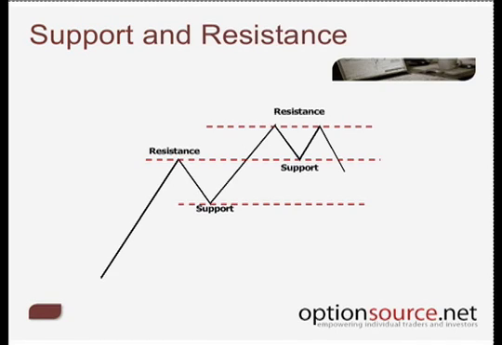Now, here again, we just have a generic trend, if you will, that we've drawn here. And the idea is that the market, of course, never moves in a straight line. Ultimately, at some stage within a trend, the market is going to turn around and pull back, whether it's because of profit taking, or whether people are looking to cut their losses or what have you.